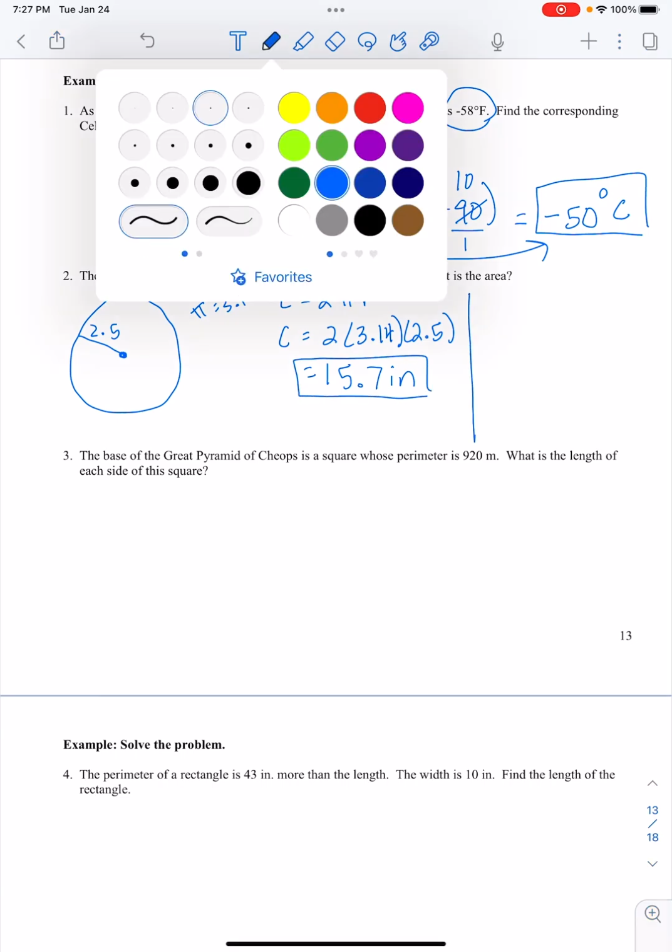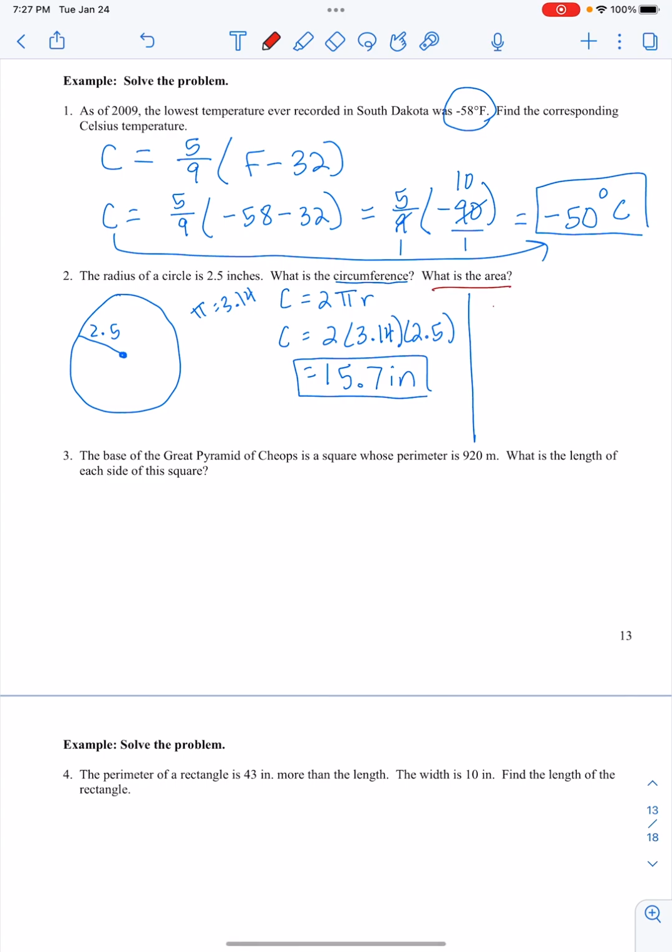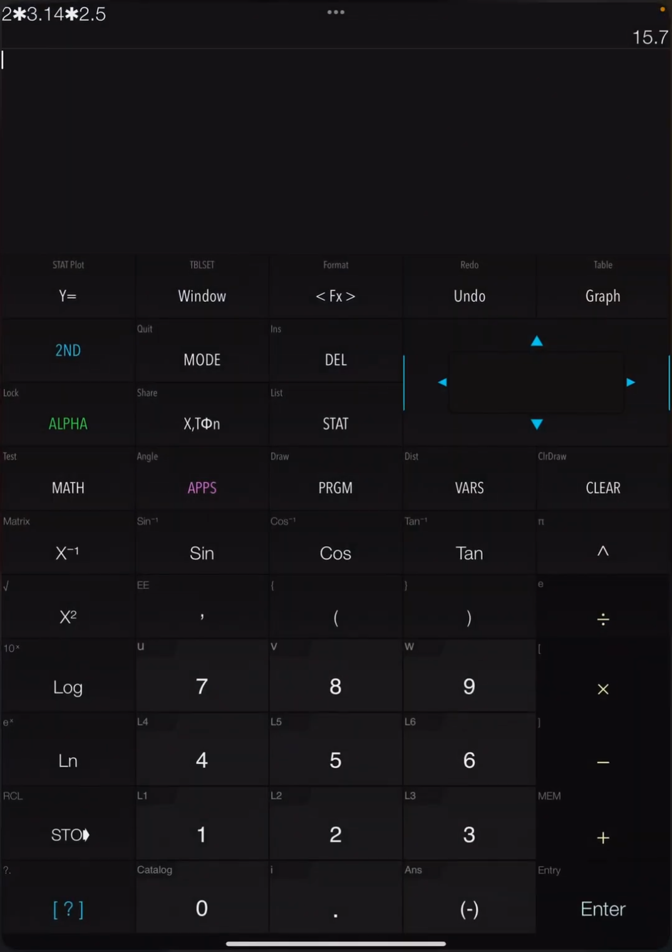Now to find area, area is pi r squared. R, again, referencing the radius. Pi, 3.14. So we're going to say 3.14 times 2.5 squared. And we're going to get our calculator out again.